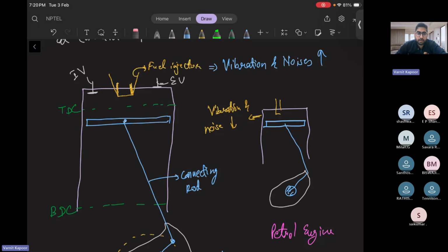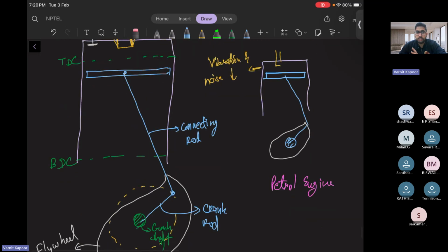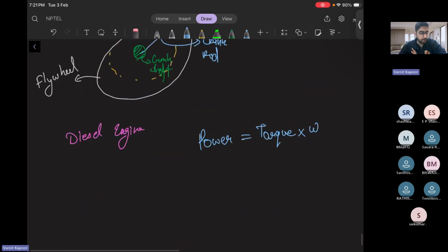That's why you don't see trucks racing at 200 kilometers per hour. Okay, but they provide a very high torque. Power is the same. Both engines, either a petrol engine or a diesel engine, will produce the same power. Suppose they are of the same power, but the torque produced in a diesel engine will be higher compared to the torque produced by a petrol engine. Whereas the angular speed of the engine provided by a petrol engine will be higher compared to a diesel engine. Okay, but the power remains the same.